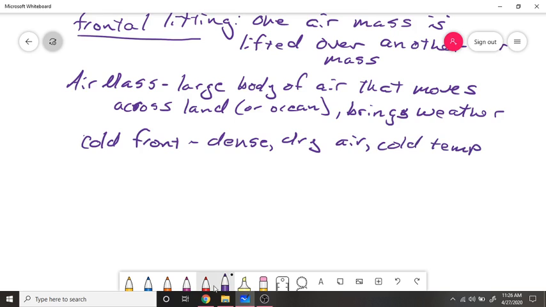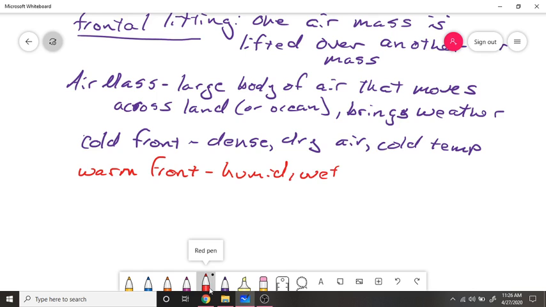And a warm front has humid and wet air with warm temperatures.